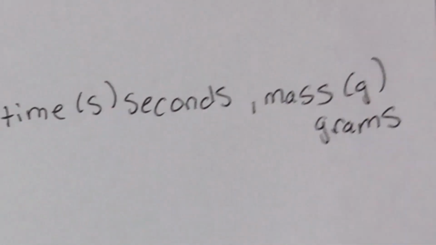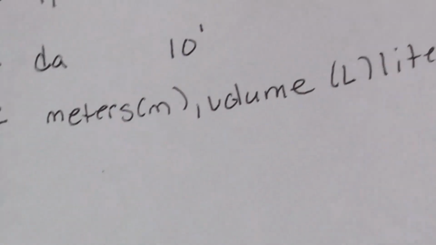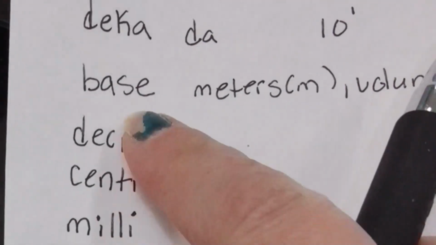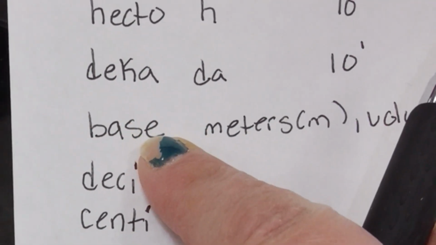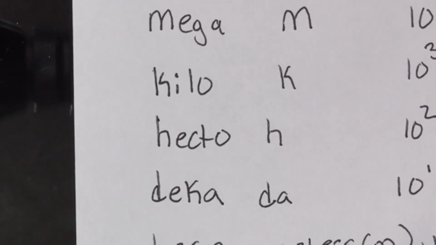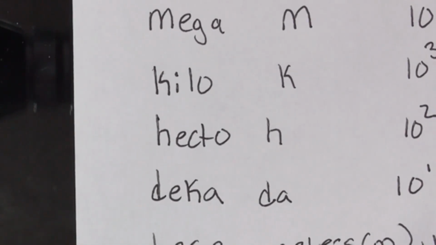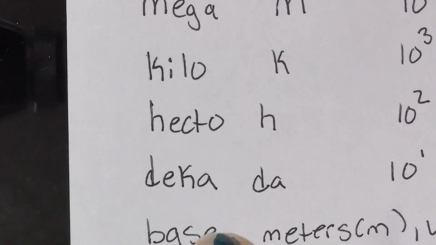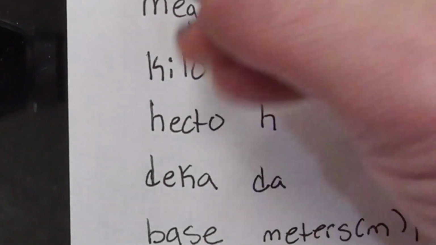Now, everything above the base unit is larger than the base unit itself. So mega, kilo, hecto, and deca are all larger than the base unit itself.